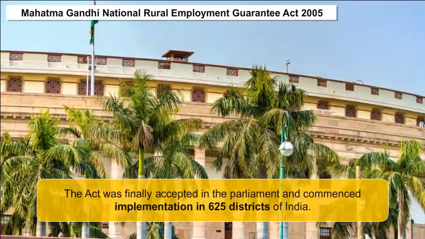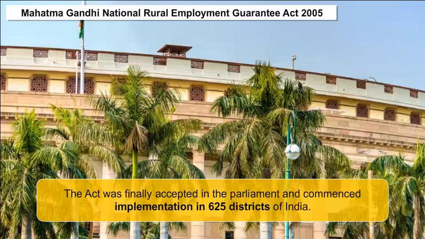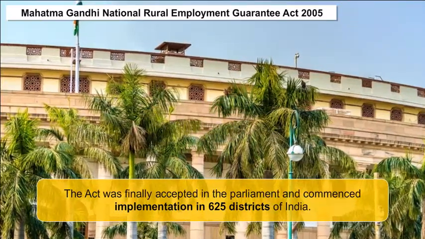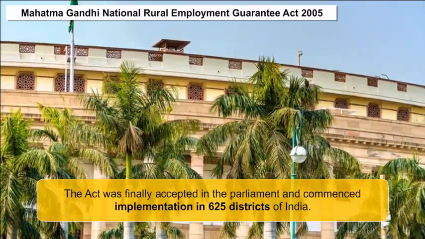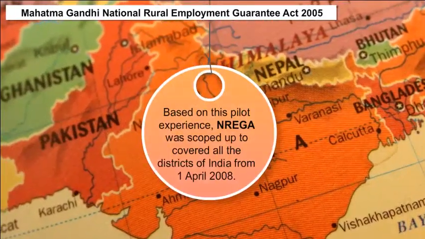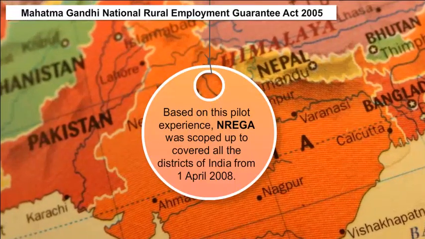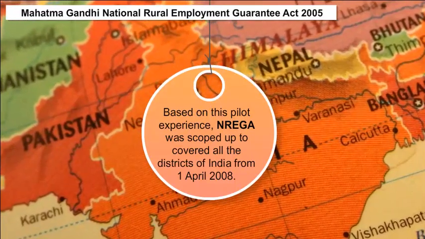The Act was finally accepted in the Parliament and commenced implementation in 625 districts of India. Based on this pilot experience, MGNREGA was scaled to cover all the districts of India from 1st April 2008.